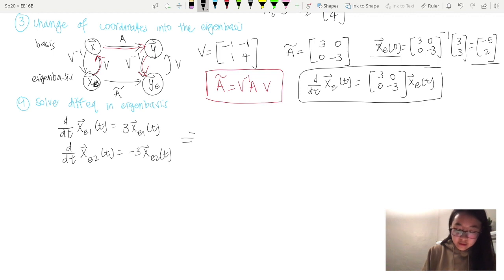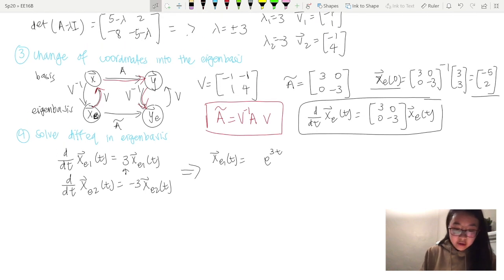This corresponds to xe1 of t equal to e to the 3t, because you take this 3 and put it in the exponent, and you consider the initial condition. When t is equal to 0, this entire term would just be 1, so accordingly the coefficient needs to be the initial condition, which is -5. And then you can solve for xe2 in a similar way, with the initial condition of 2.